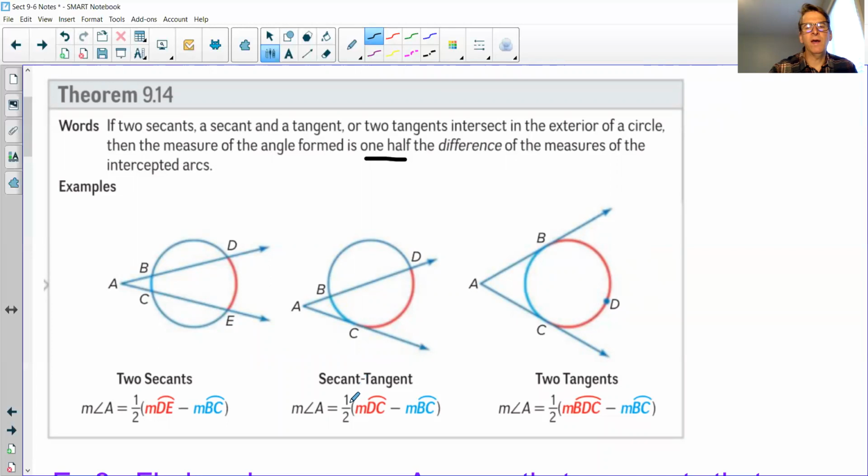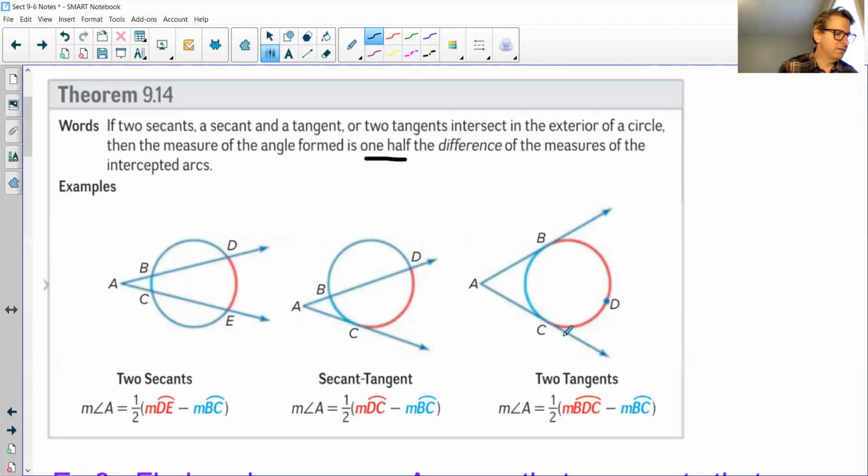Then you've got 1/2 times the measure of DC minus the measure of BC. That would be the measure of angle A. You also can use this theorem for two tangents. If you have two tangents running out here, you're going to have 1/2 times the measure of BDC minus the measure of arc BC.